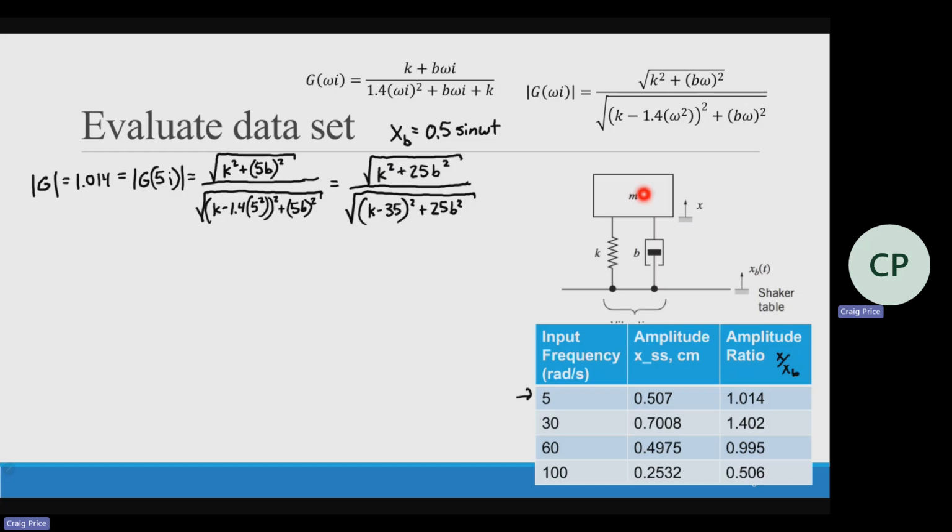So, for example, we could change this to become K squared plus 25B squared is equal to 1.014 squared times K minus 35 squared plus 25B squared. And we could work this out a little bit.